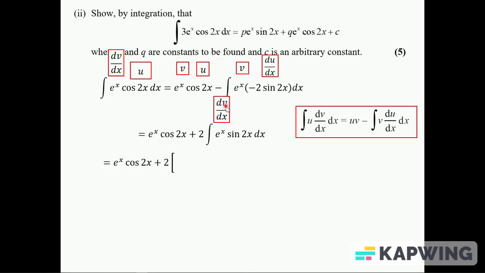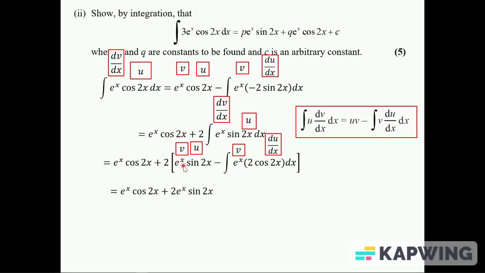Again, I'll make the e to the x the dv over dx, and the trig term, sin 2x, the u. So u times v is e to the x sin 2x, and then I'm going to integrate the v, which is still just e to the x, multiplied by the u differentiated, the du over dx, which is 2 cos 2x.